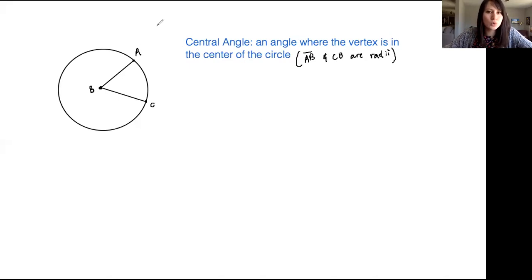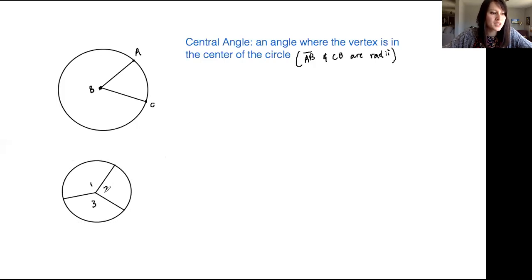So if we were to find the sum of certain central angles, let's say, I don't know, this isn't a great drawing. Let's say I draw a new one here. So let's say I have a circle cut up, and I name these angles, angle 1, angle 2, and angle 3.